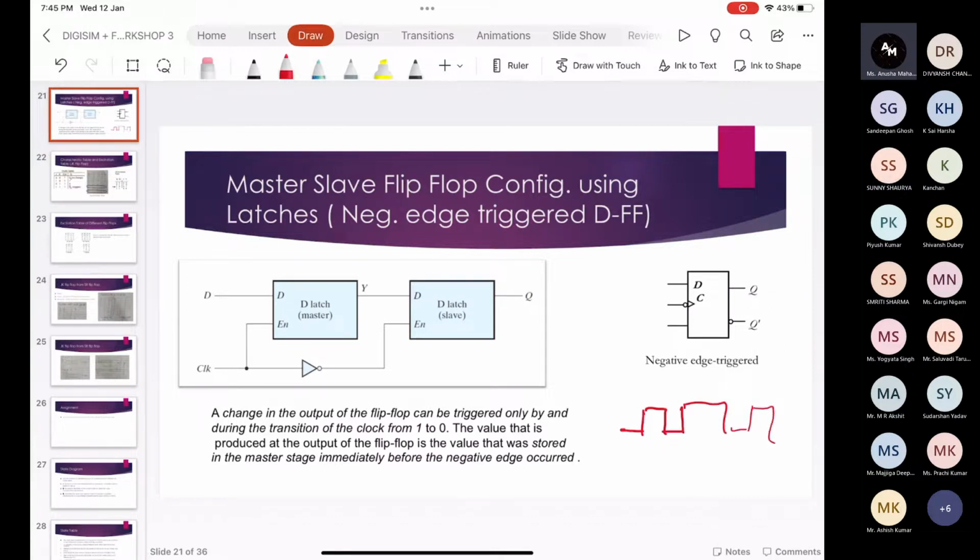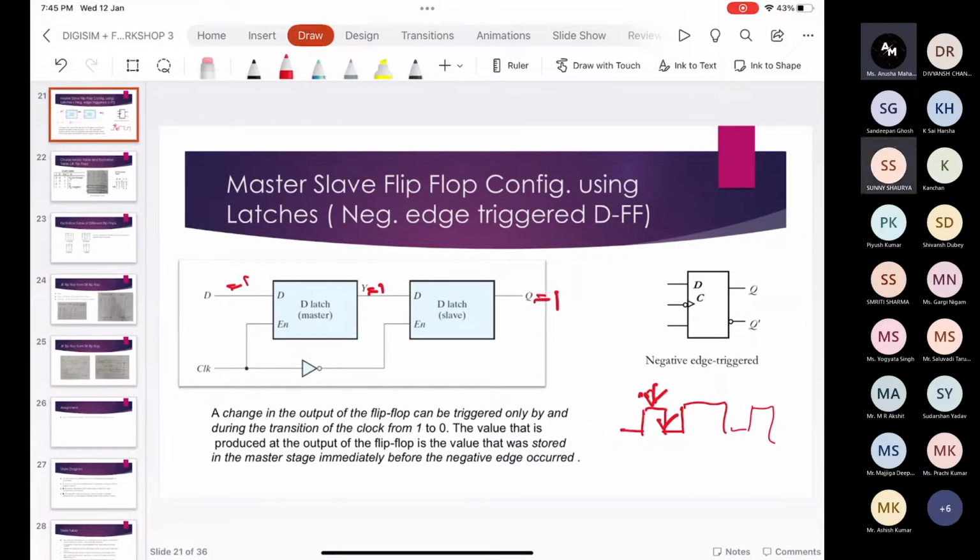Suppose we take D is equal to 1, then when the clock is high, Y will be equal to 1, but the Q will not update as the slave latch is currently not working. As soon as the clock goes from 1 to 0, the slave latch will start working and the Q will become 1.